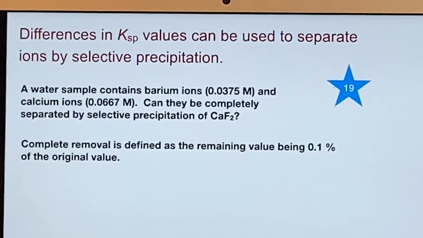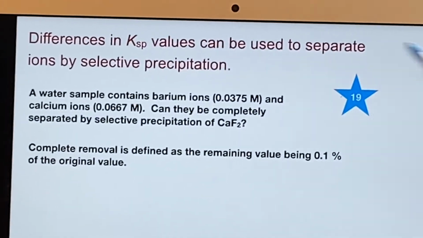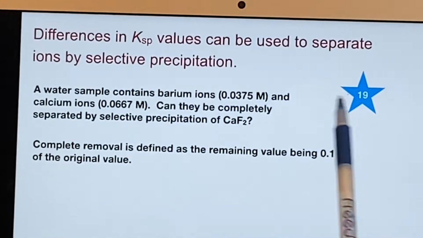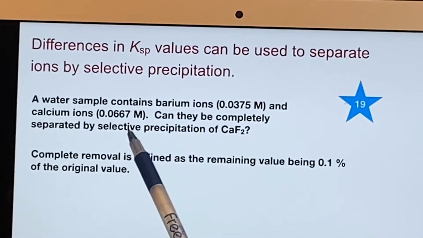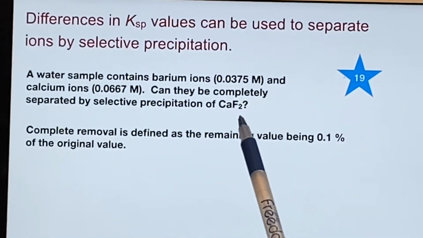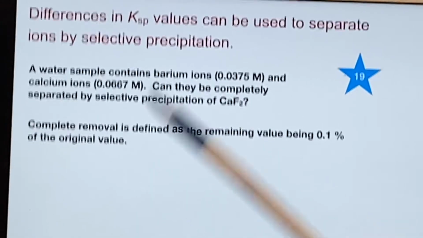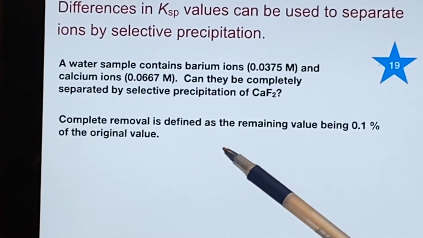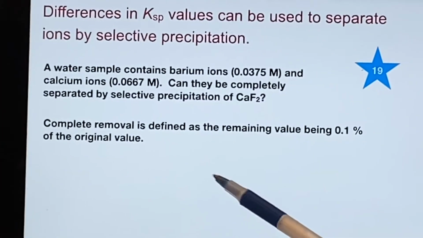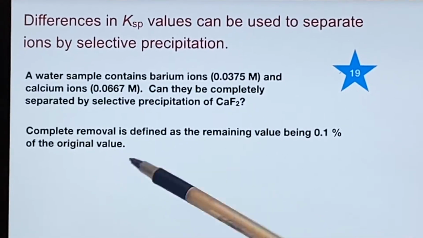And here we have a water sample containing barium and calcium. And the question is, if I decide to do a precipitation of the calcium fluoride, can I separate it from the barium? And then, of course, if you're going to say that, you have to come up with an actual guideline for what that means.